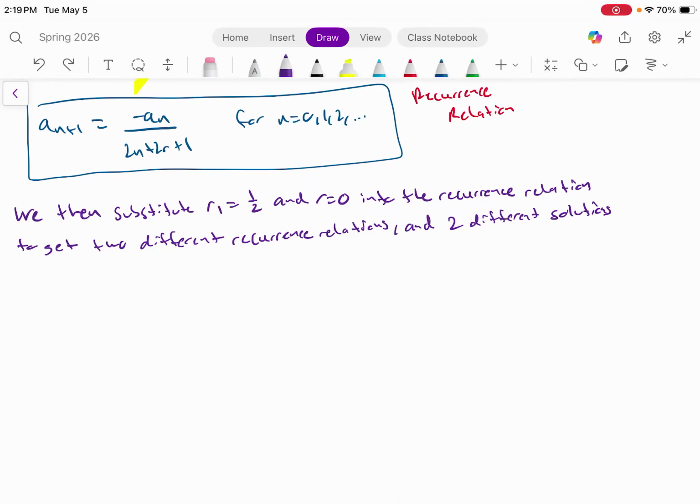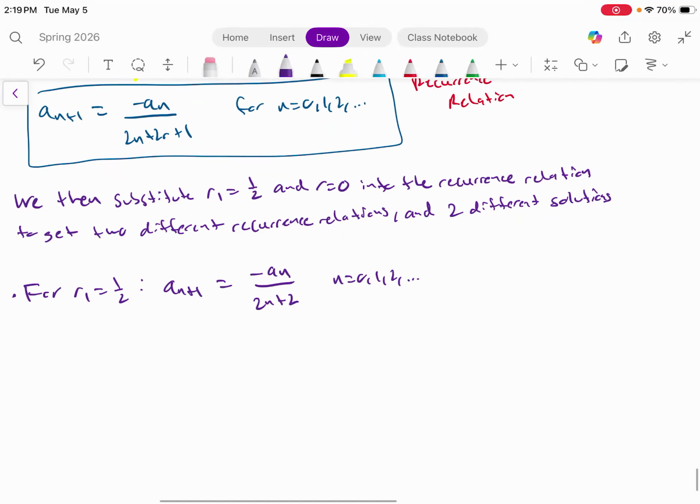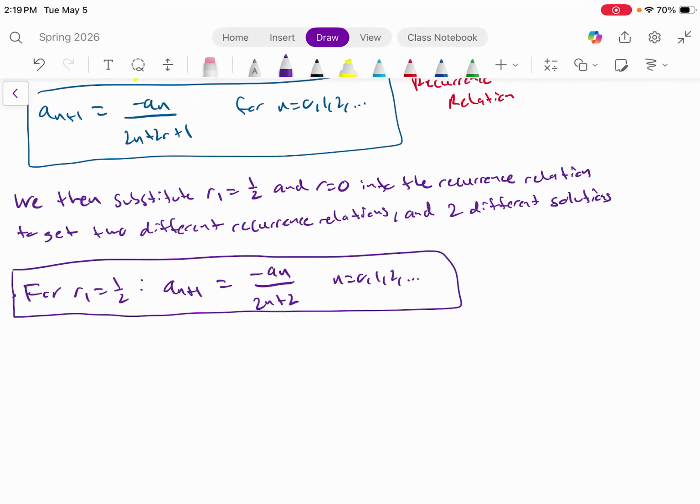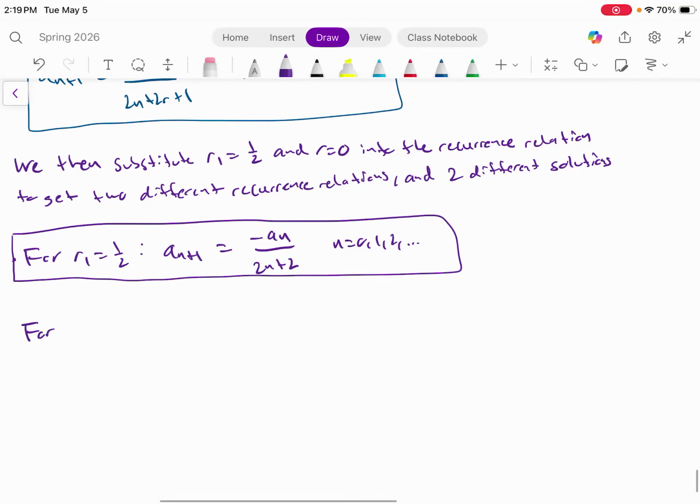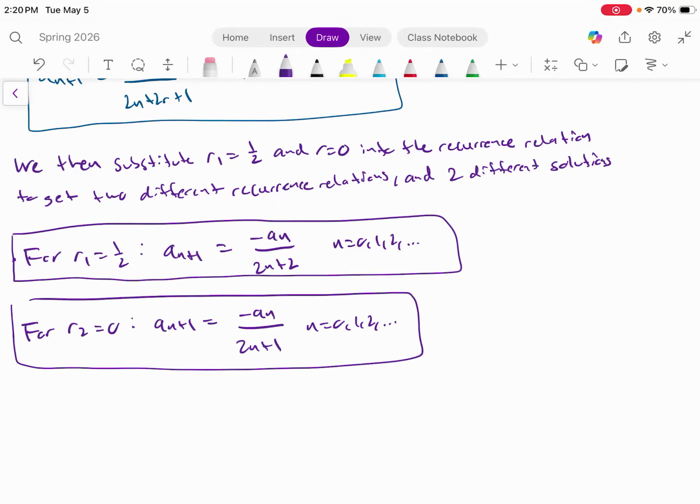So for r1 equals 1/2, what I get is an plus 1 equals negative an all over 2n plus 2 for n equals 0, 1, 2, etc. Now for r equals 0, if I plug 0 into my recurrence relation, I get negative an over 2n plus 1, and that's for n equals 0, 1, 2, etc. Great.